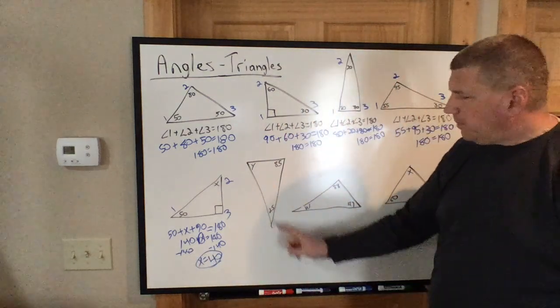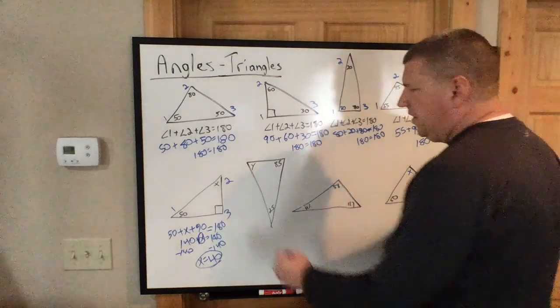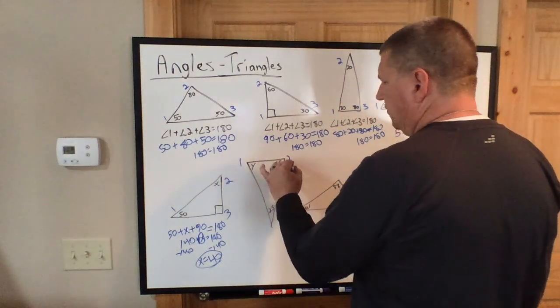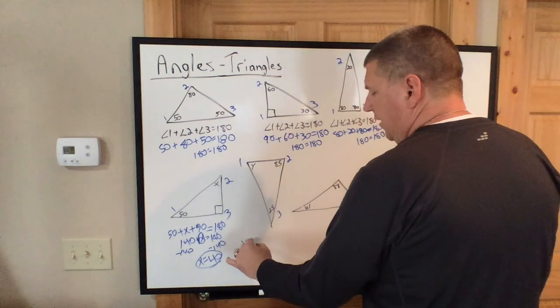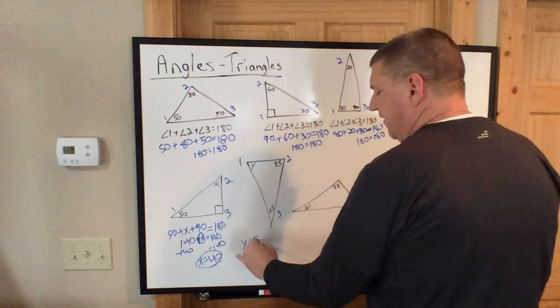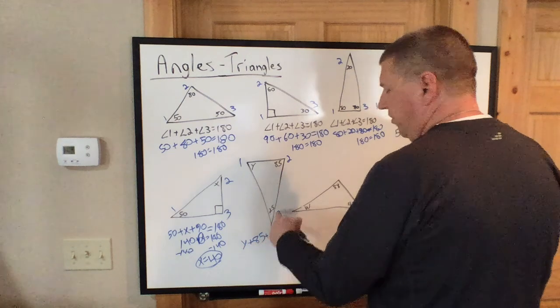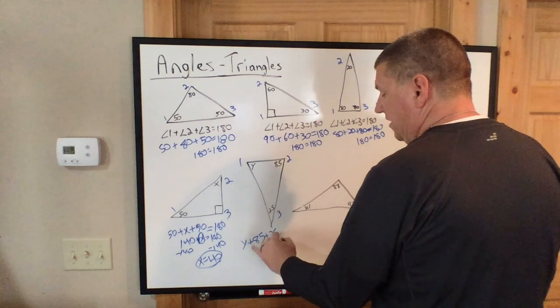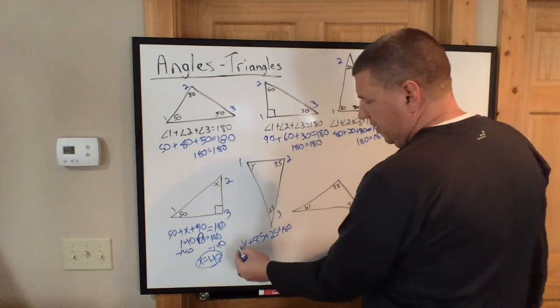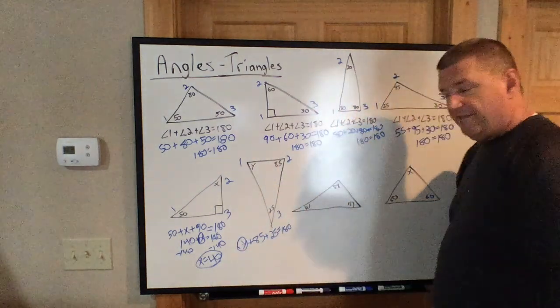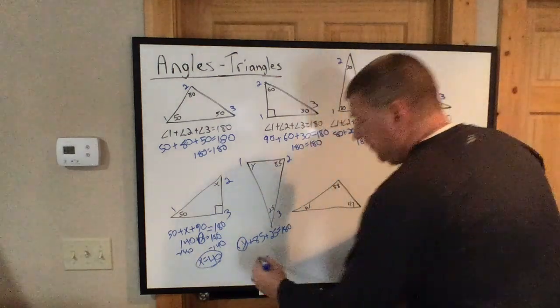Okay? So as we look at our second example here, we're going to go angle 1, angle 2, and angle 3 there. So angle 1 is Y, plus angle 2, which is 85 degrees, plus angle 3, which is 25 degrees, equals 180. So now, here's the variable I want. 85 plus 25, it's 110.